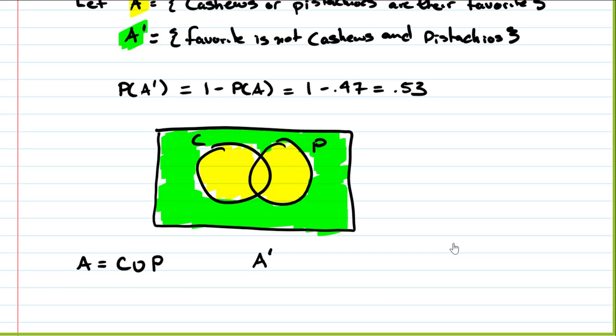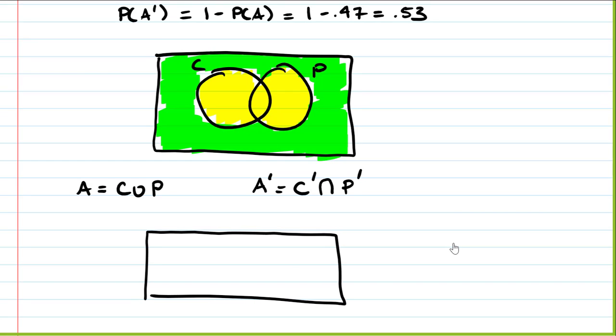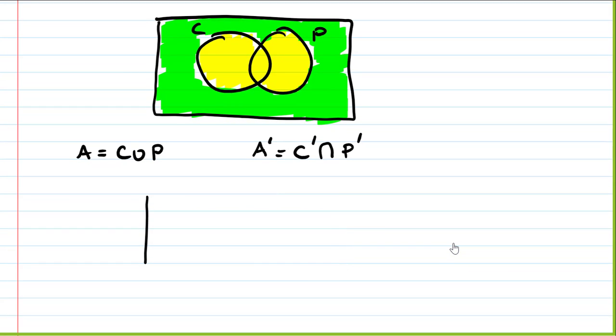Well, in terms of our symbols, A would be equal to C union P. What would A complement be? Well, A complement is all of the stuff that's not in C, so it's C complement, and all of the stuff that's not in P. Because if we do our picture, make it a little bigger to help illustrate.